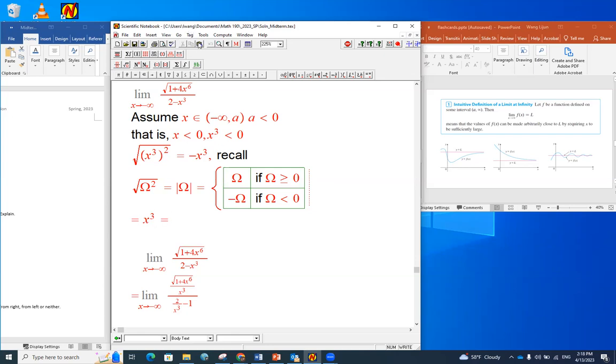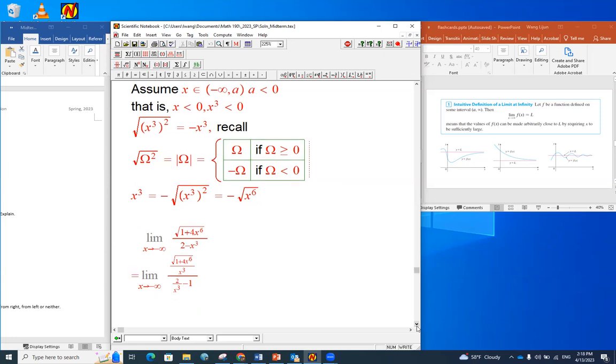That equals this piece, and inside the square root you then have x raised to the power 6. If you have any questions, please let me know, because I might have made this too long, too complicated. That's really how we get it.